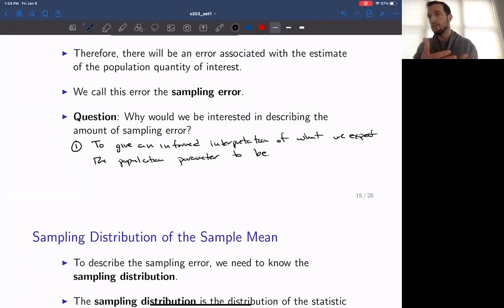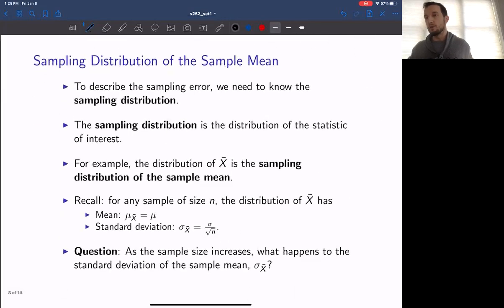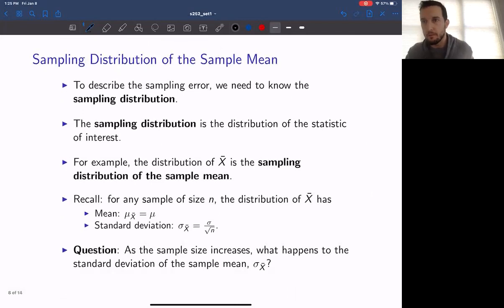So if our sample is a collection of random variables, then our estimate is now in itself a random variable. The reason that we would want to know the distribution of the random variable is because we want to describe sampling error, because we can't ignore the fact that this exists. So what is the distribution of, for example, the sample mean, which will be the estimate that we focus on most often?